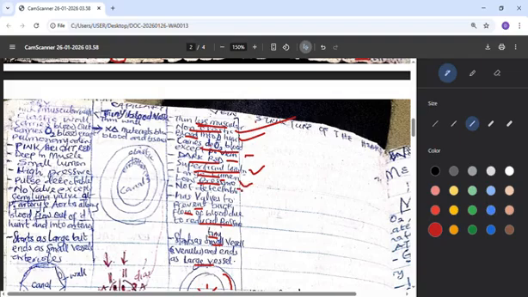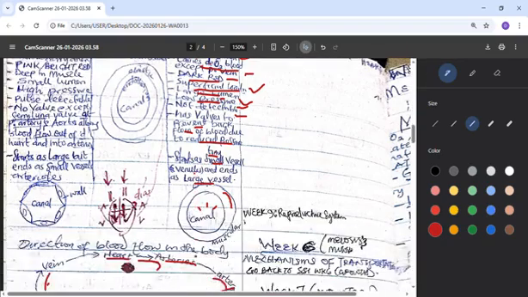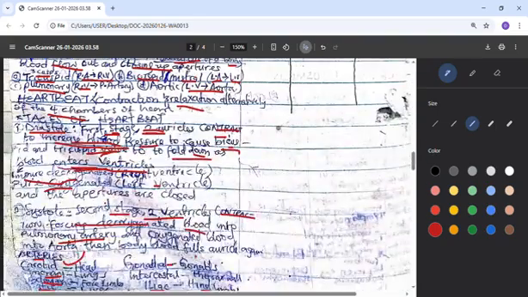It has valves to prevent backflow of blood, due to the reduced pressure. Then it starts as a tiny or small vessel, the venule, and it ends as a large vessel.